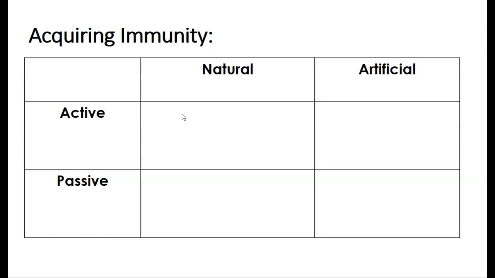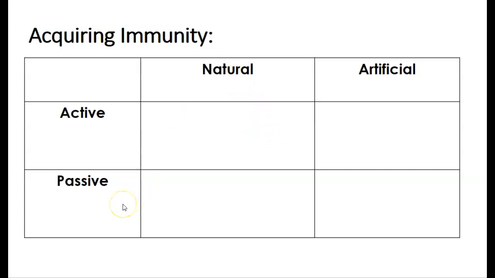You went to a friend's birthday party and they had the chicken pox, and then you get the chicken pox, full blown itchy sores and everything. So that is a natural active immunity. Because your body undergoes an immune response and you produce antibodies and B memory cells, that is a long-term immunity.